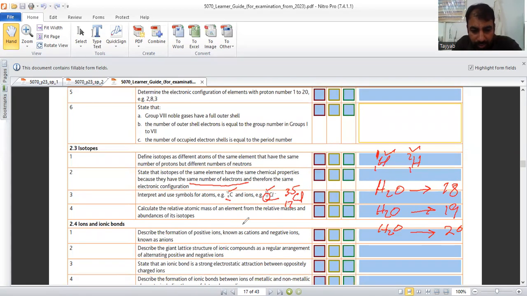Calculate the relative atomic mass of an element from the relative masses and the abundance of its isotopes. For this, I would like to go to the whiteboard.